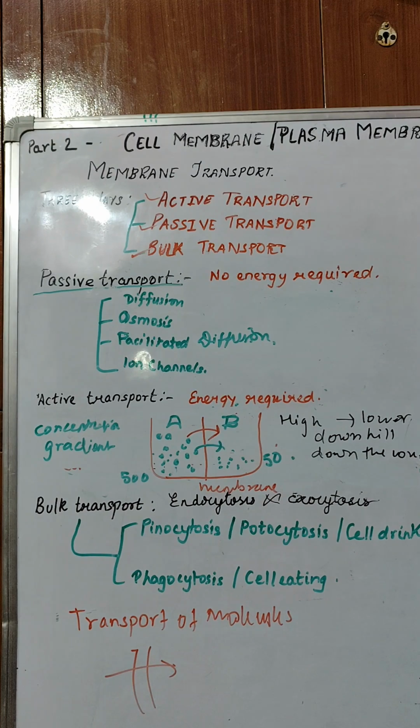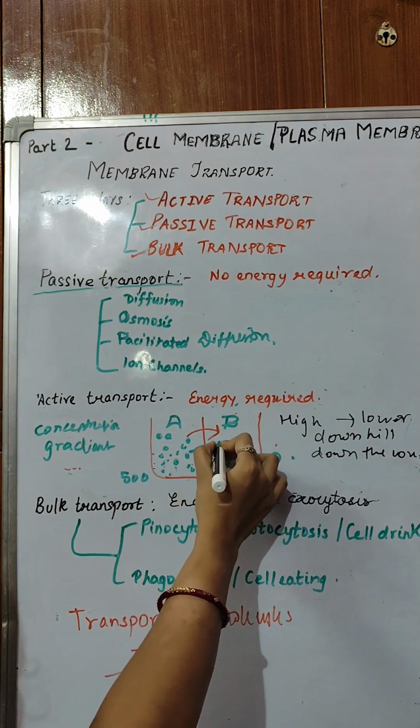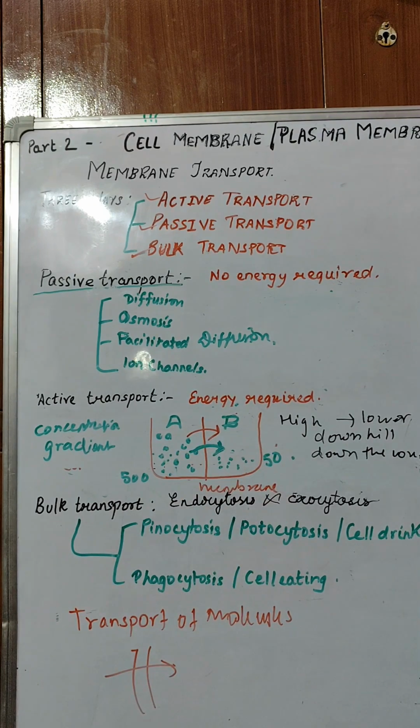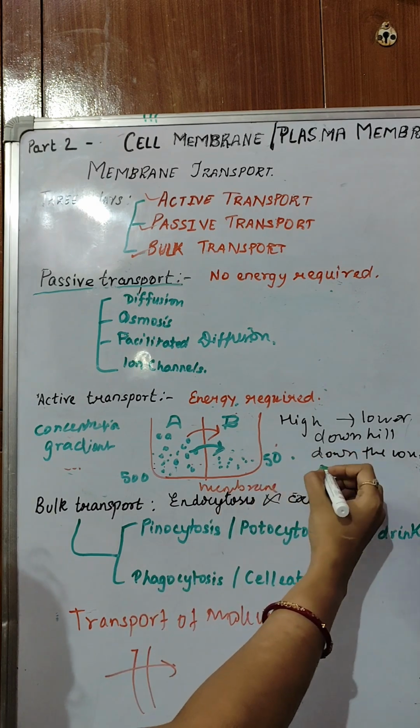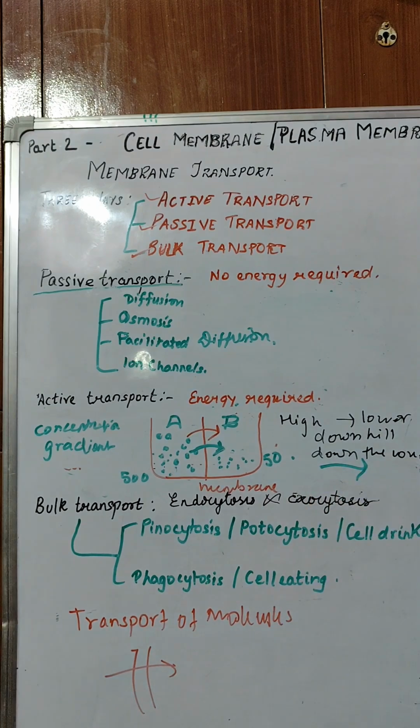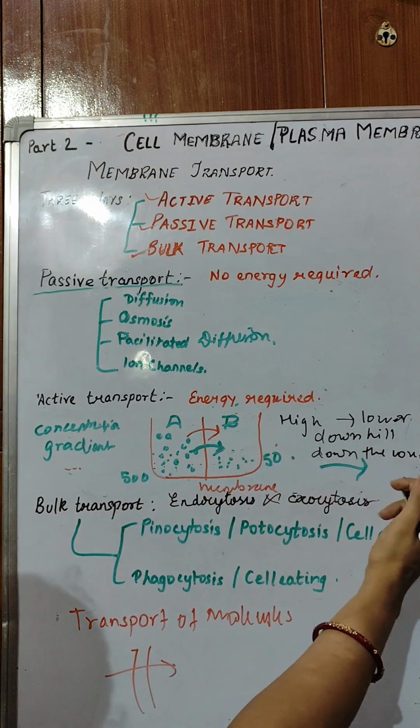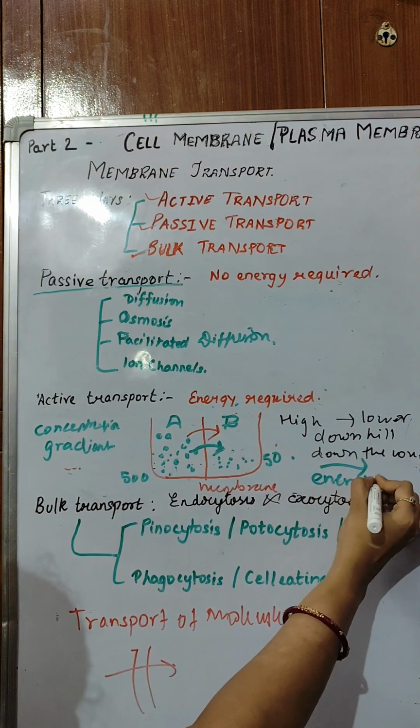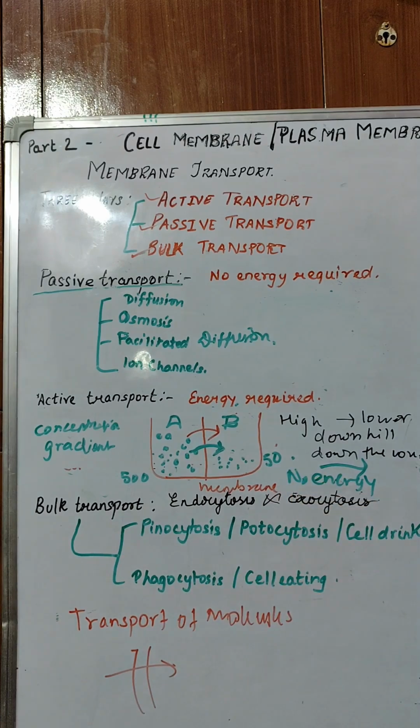He will keep donating until both become equal. So this is downhill movement, and it will not require any energy. No ATP is lost; it will go on its own, spontaneously, without spending any energy molecule, very easily from higher concentration to lower concentration.